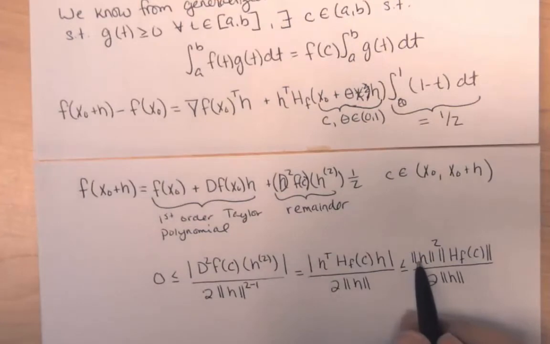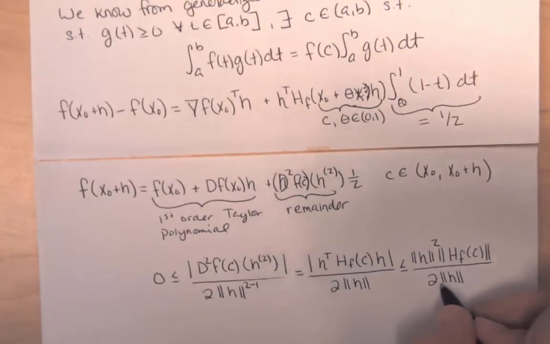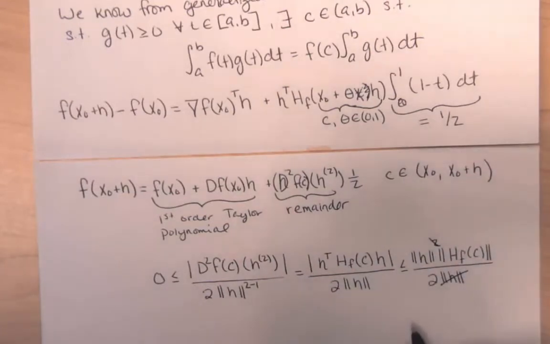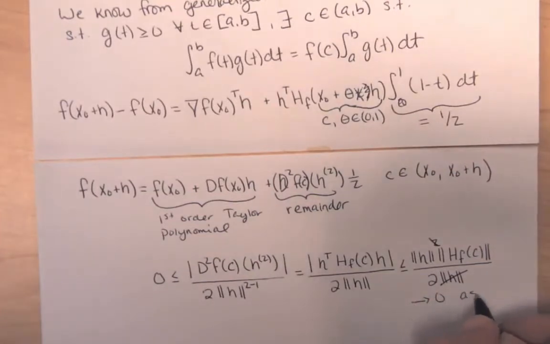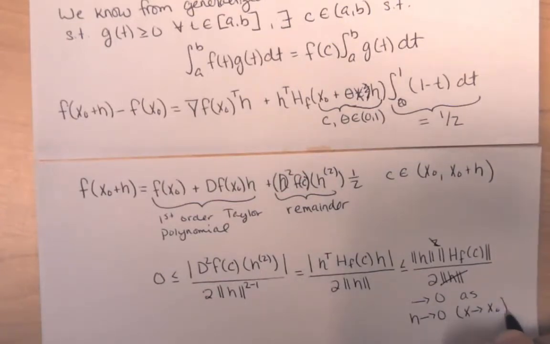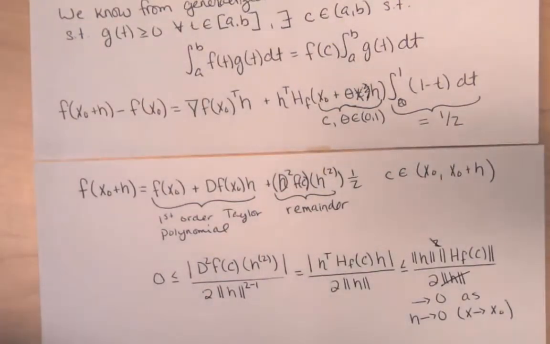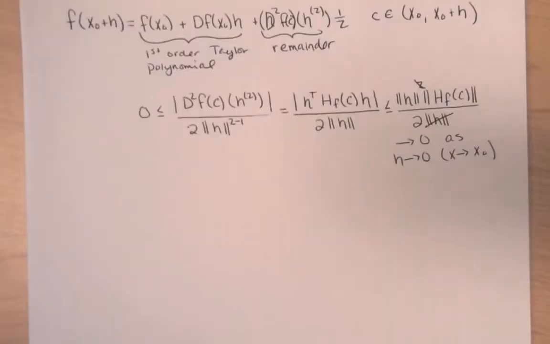All right, so we have a norm of h squared in the numerator and a norm of h in the denominator. So this cancels. And we see that since this is some number, this goes to 0 as h goes to 0, which is to say as x approaches x naught. Right? So we've proven the limit condition of the Taylor statement.